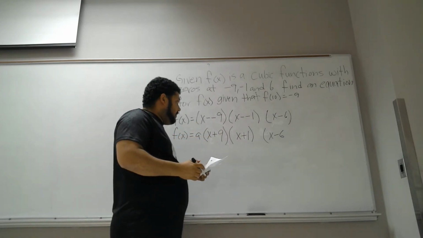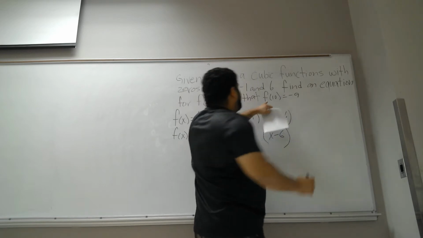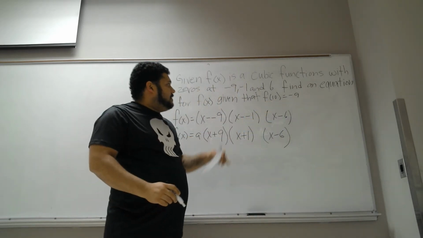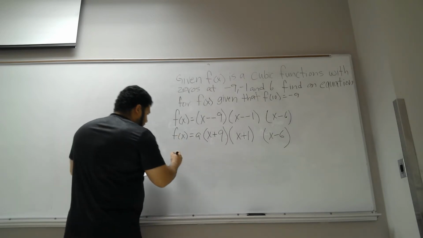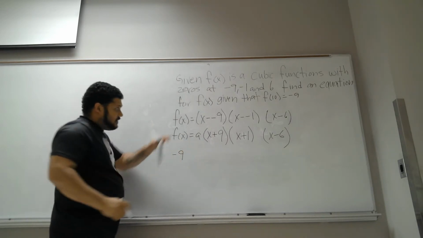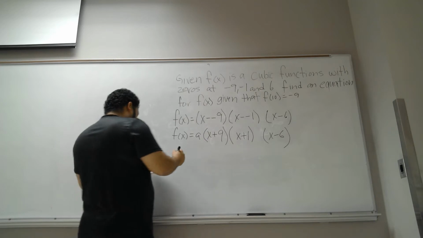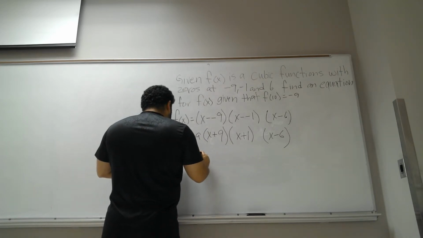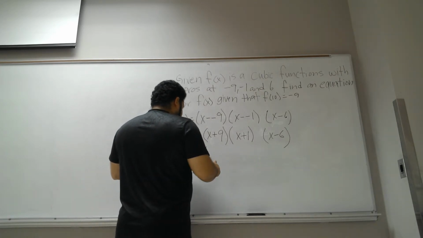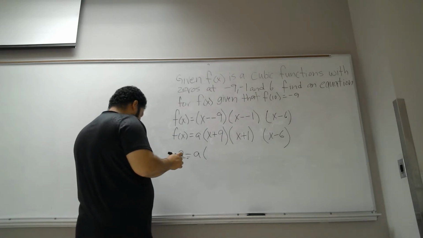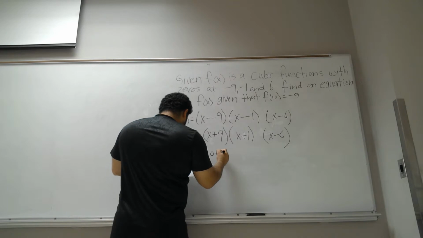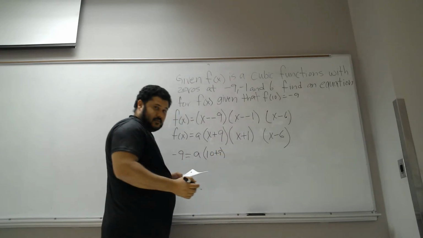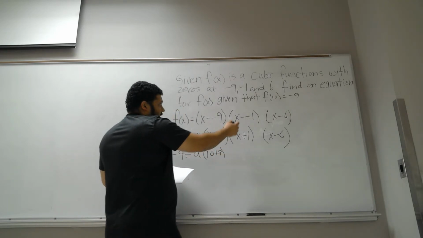Then the problem is telling us that f of 10 equals negative 9. So technically we have negative 9, because f of 10 will replace that right here, equals a. So now we have 10 plus 9, because every x is going to be 10.